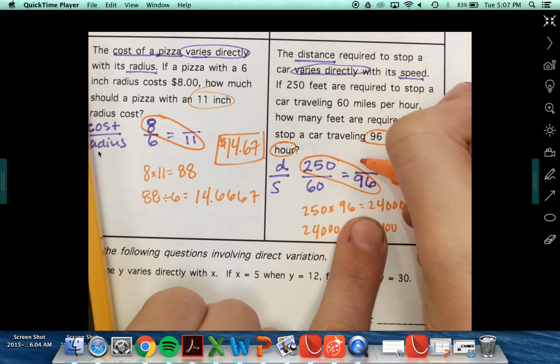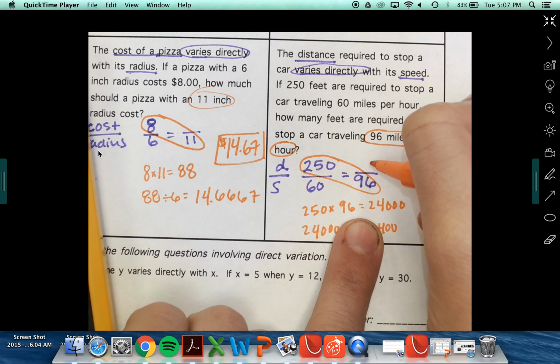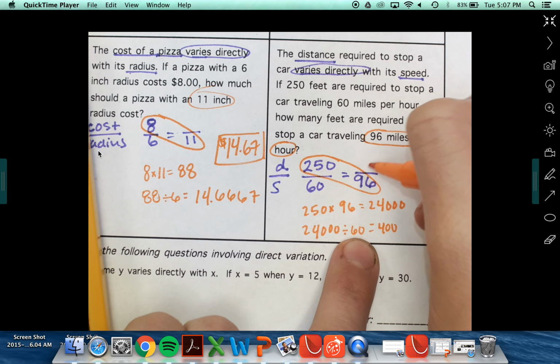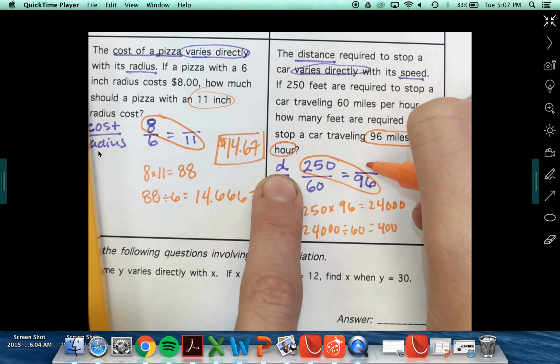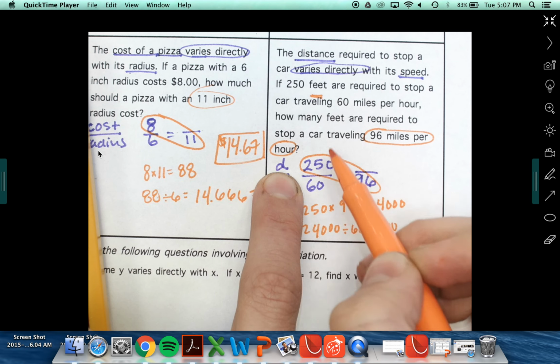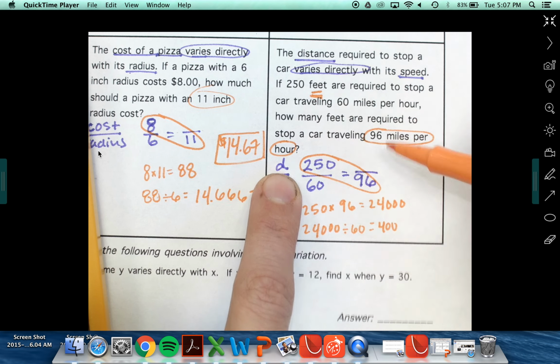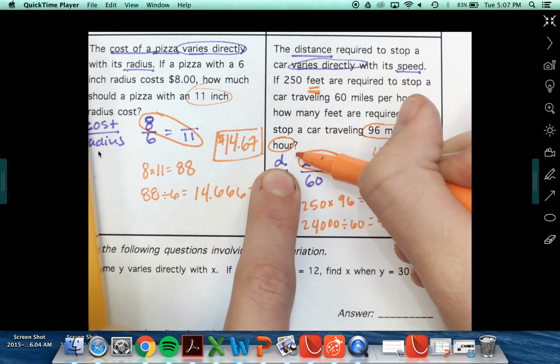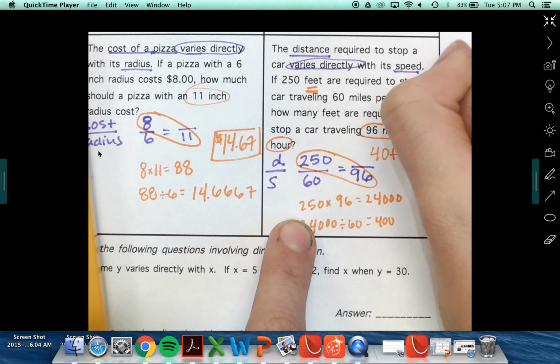Okay? So notice this 400 is filling in this hole right here. So this 400 goes on the top right here. It's talking about distance, okay? Our distance is measured in feet in this problem, okay? So we've got 400, which is my distance, which is feet. Done.